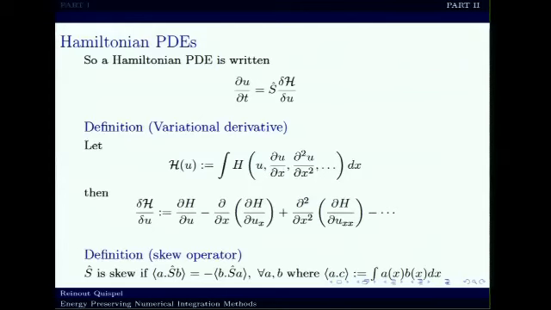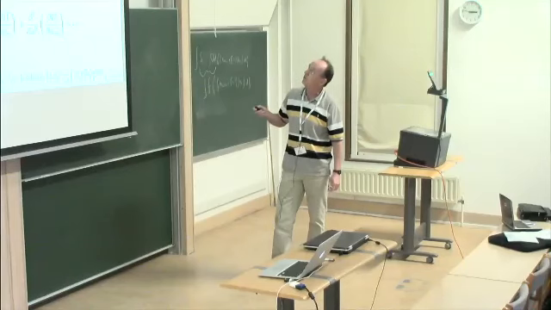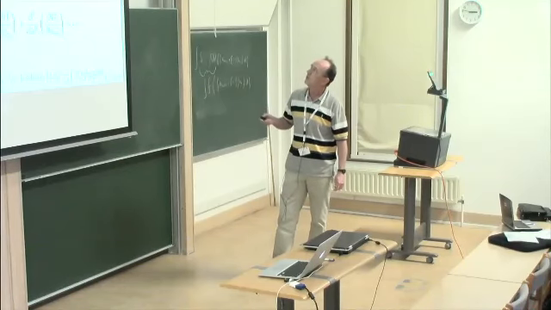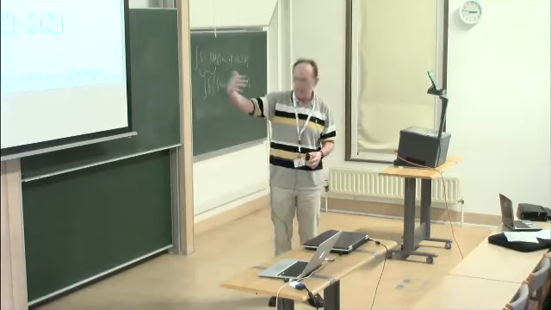This should actually read B here, that this inner product is now defined as the integral over the real line, whereas for ODEs this is just a sum, sum of a_i b_i. All right, so now we know what the variational derivative is, we know what a skew operator is. These are the ingredients that we have over here. So then the question is, how do I do my semi-discretization in order to get back to the situation that I was in before?